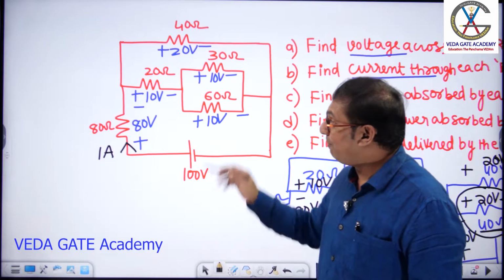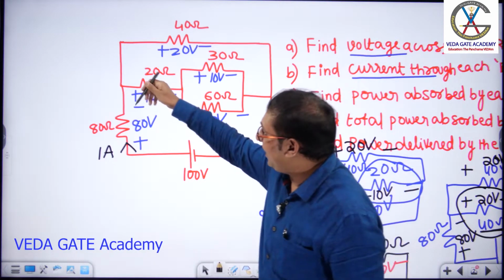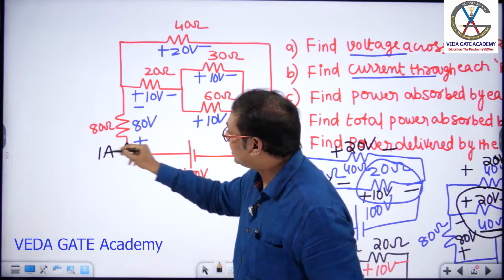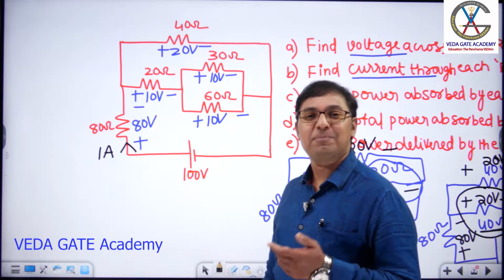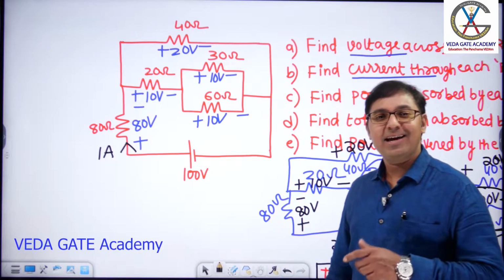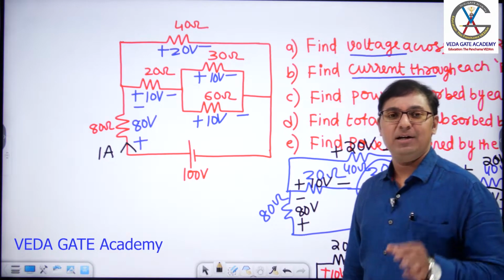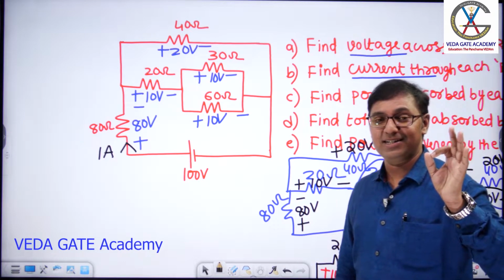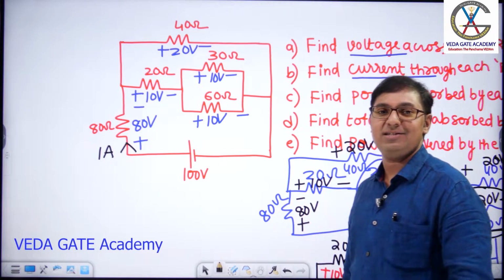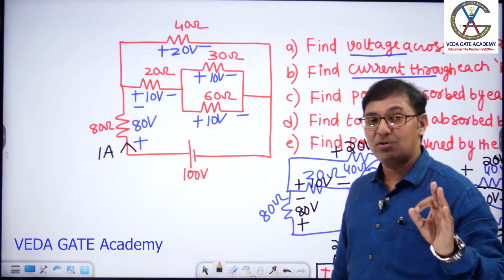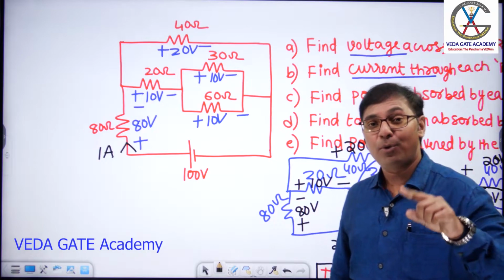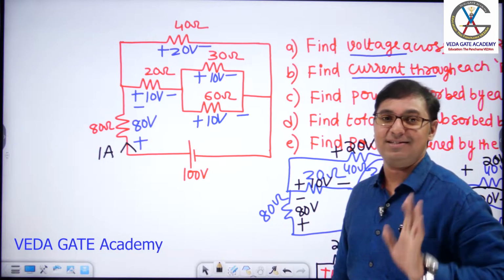Next, is that current in the upward direction or downward direction? If you write this current in the downward direction, this resistor has to deliver power as per the sign convention of power. Can a resistor deliver power or absorb power? Absorb power. So now one statement: current always enters at the positive terminal for a resistor.